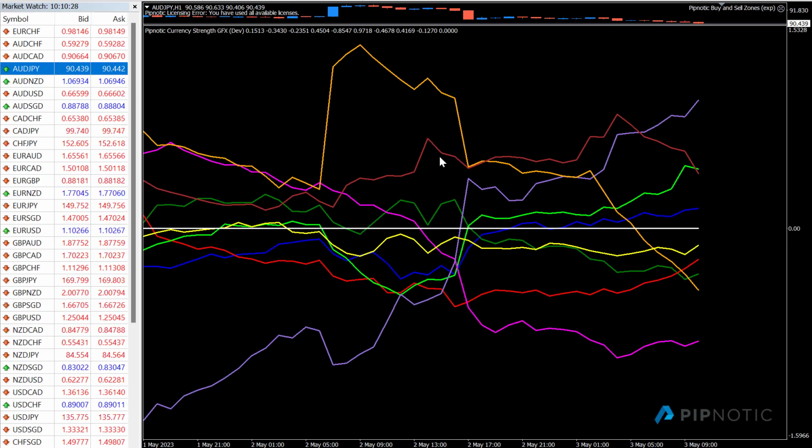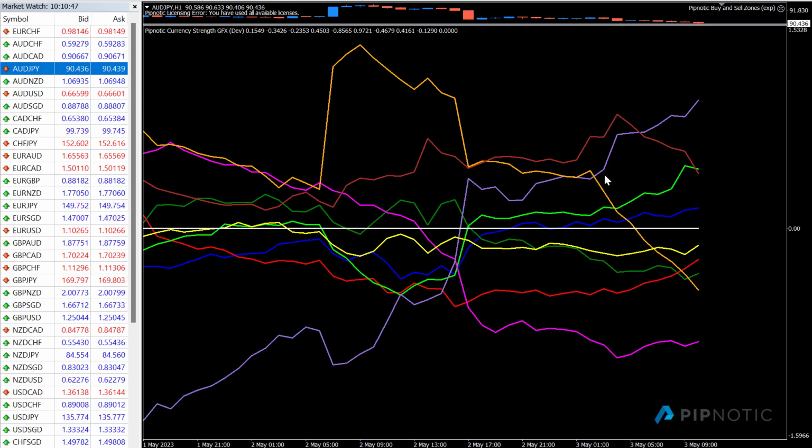Here, for example, you can see that this is the Australian dollar, the gold-colored line, and here we have the Japanese yen. What you want to do in a situation like that is look for the two lines that resemble each other more than any other.